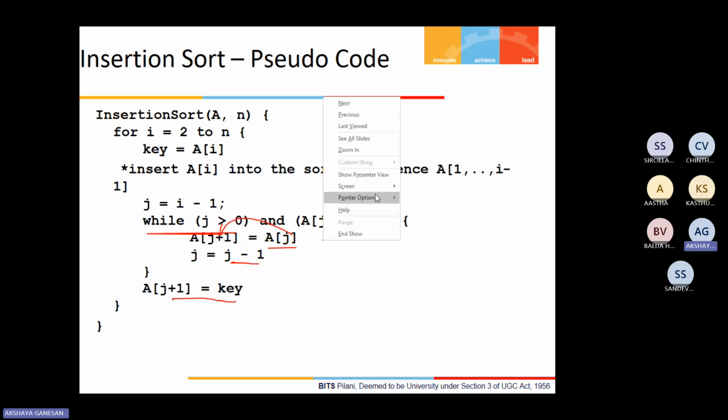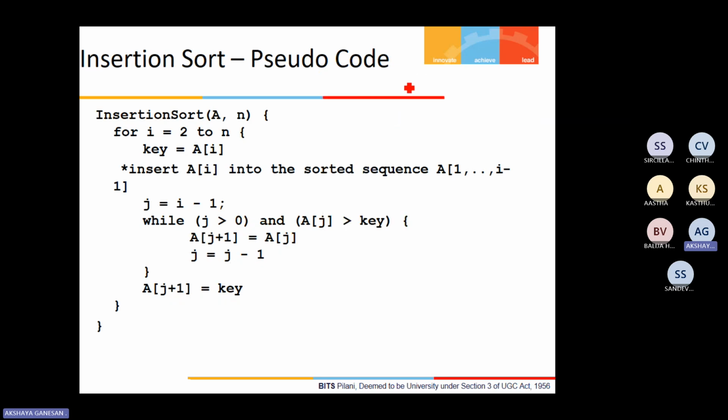So for example, if you take this particular example, let's say I have 22, 40, let's say 14, then I have 52, and then I have say 3. Now 22 is in position. 14 will be compared, so this will be the key initially.